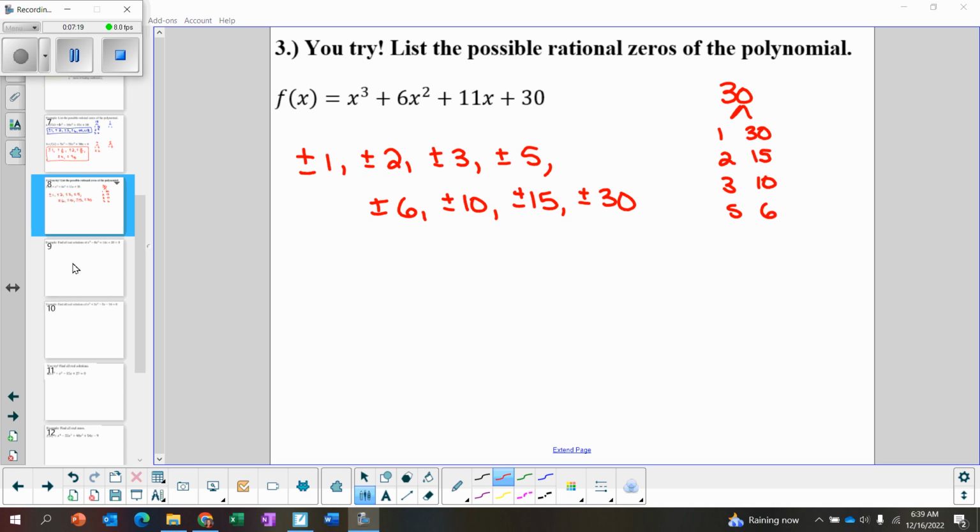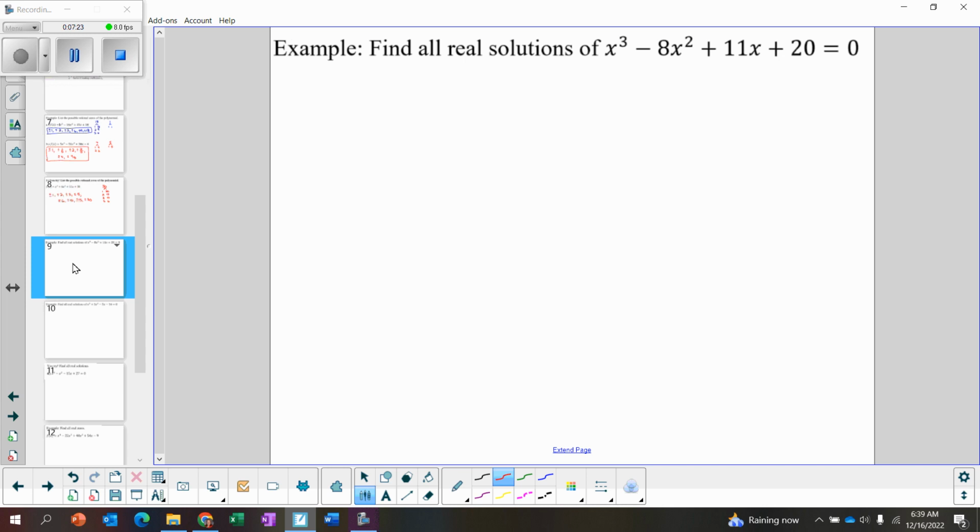The reason we make this list is because if we want to find all of the solutions of a polynomial and we cannot factor it with any of the methods that we know, we're going to have to guess and check to find out what really is a solution until we can get it to a point where we can factor it.